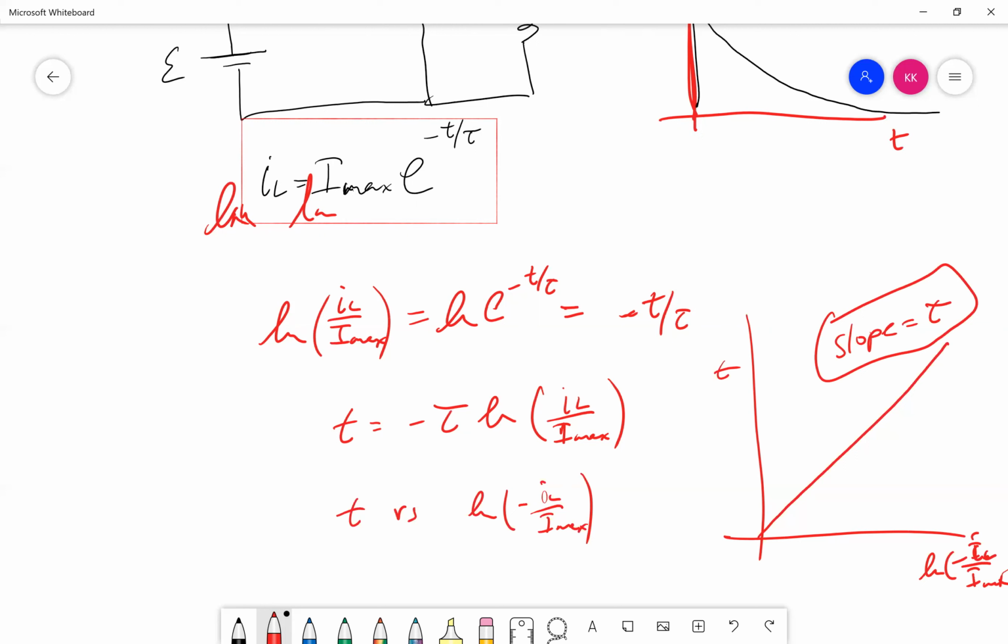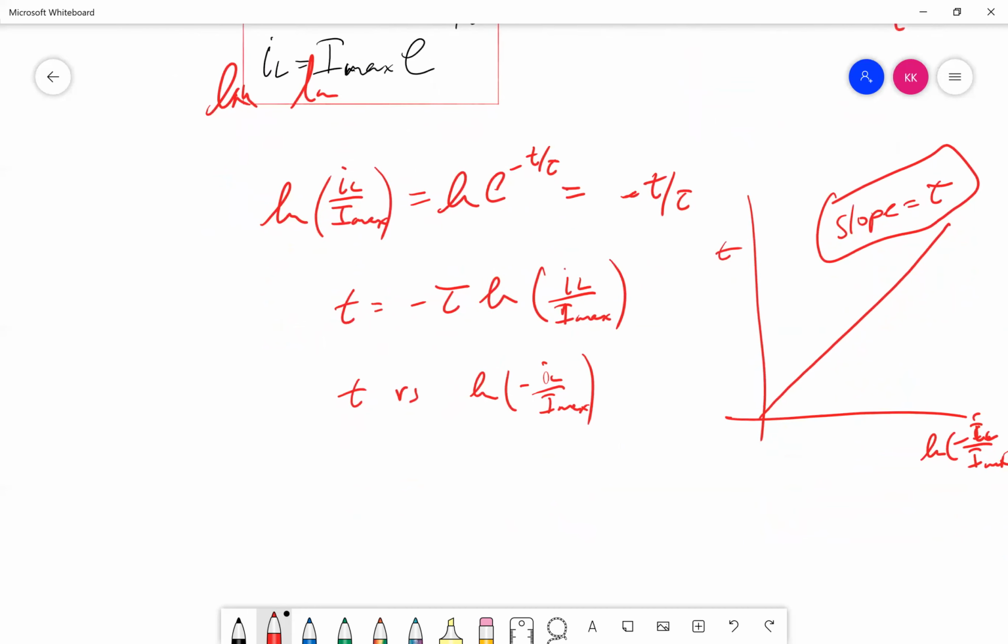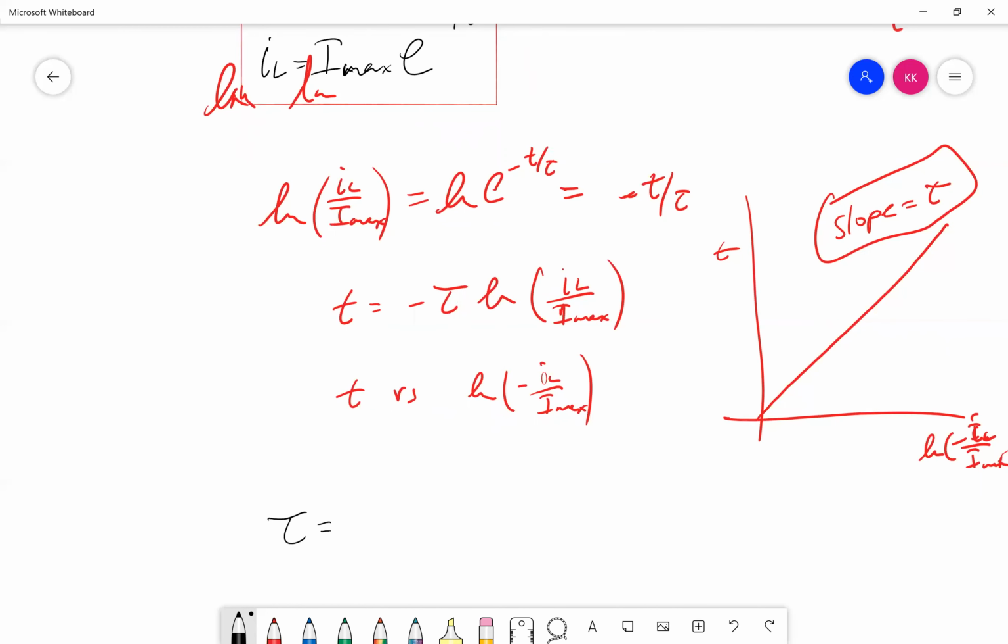All right. So for this second part, once we find the tau, we can also calculate the resistance. So in this case, tau is equal to L over R, but this is going to be the R of the coil plus R of the external load.